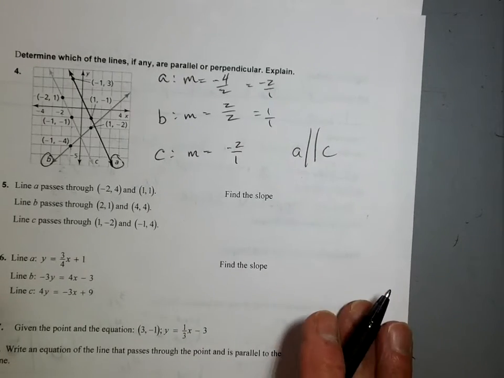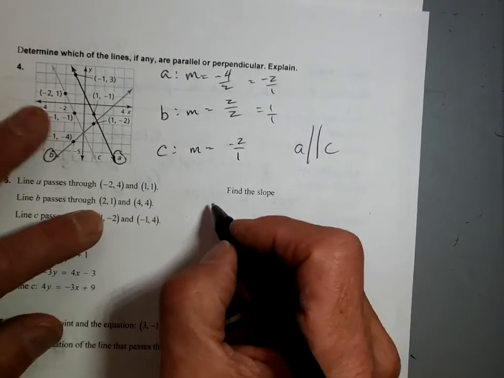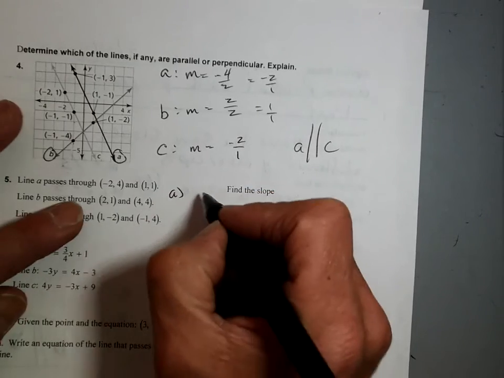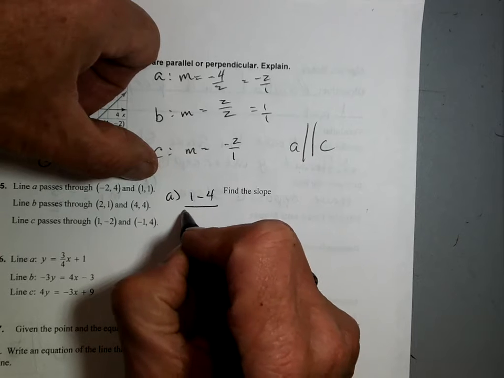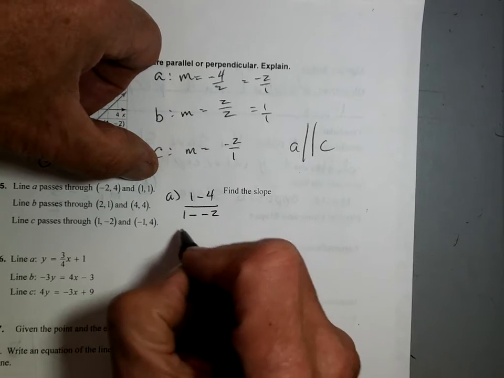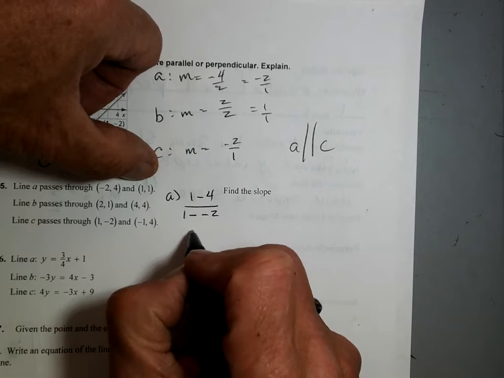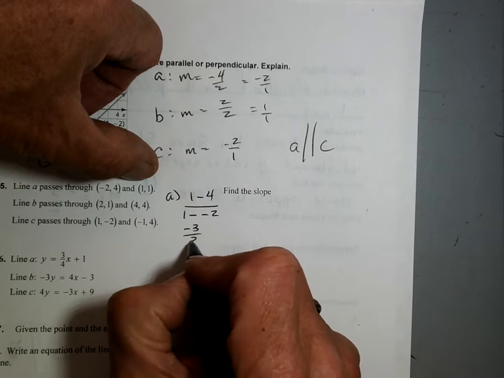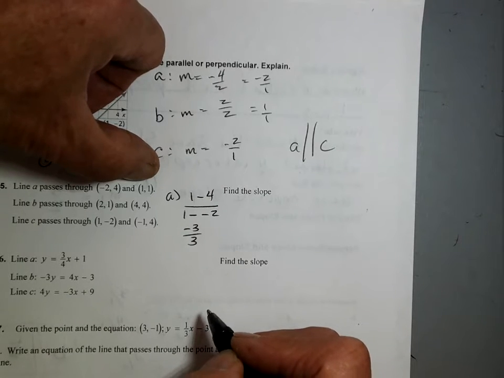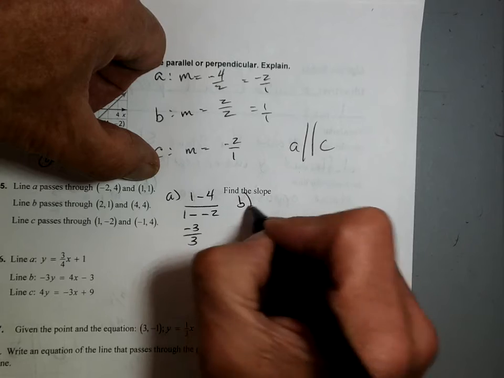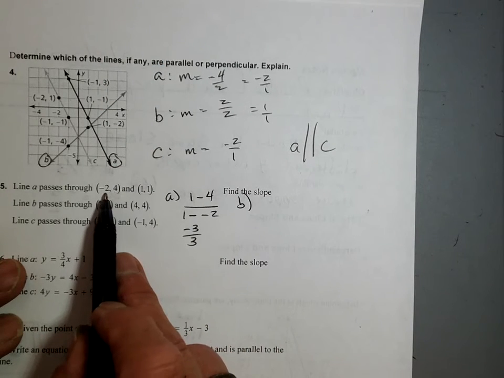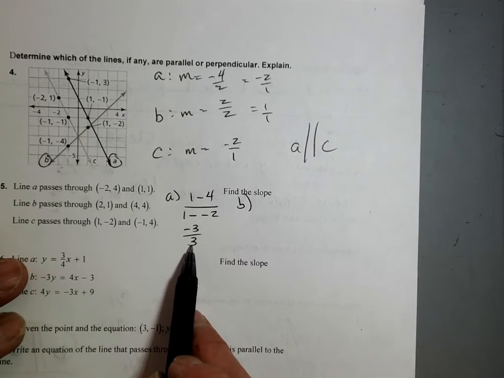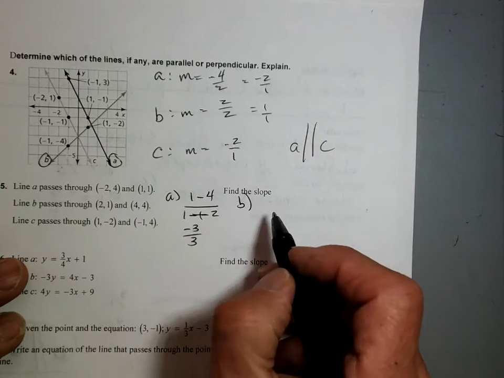5. We're almost there, okay? So 5, let's see, slope. Okay, I'm going to do line A first. I'll go 1 minus 4 over 1 minus negative 2, which is negative 3 over 3. B, okay, so I just went 1 minus 4 over 1 minus negative 2, negative 3 over 3. Double negative, right?